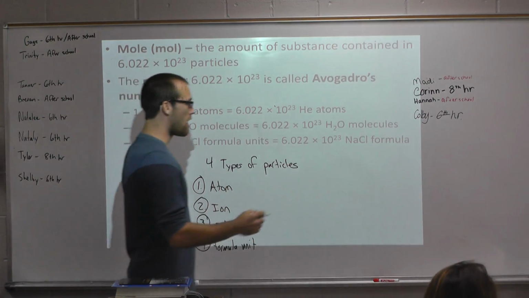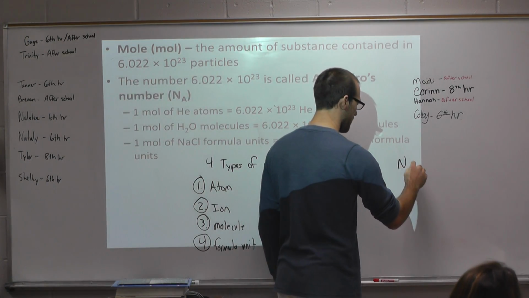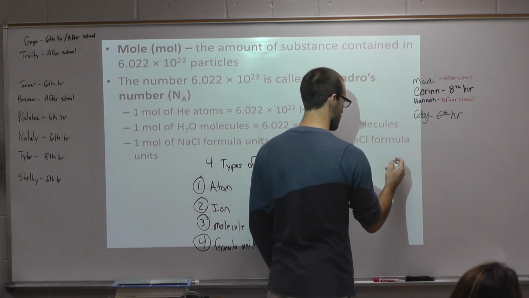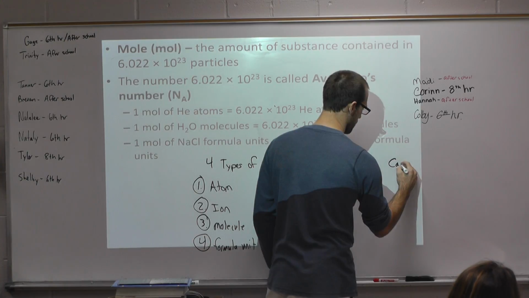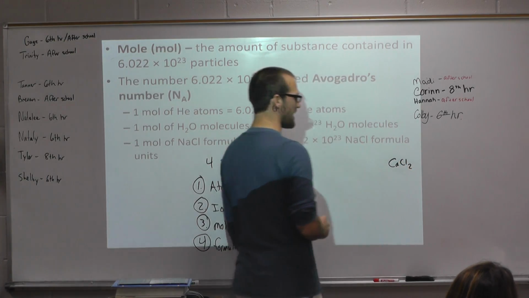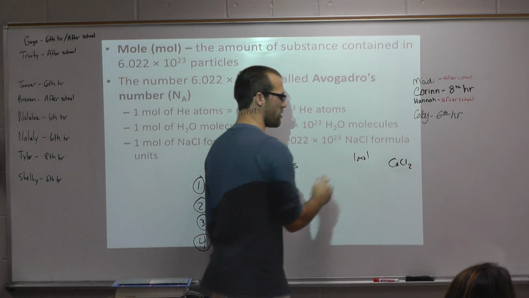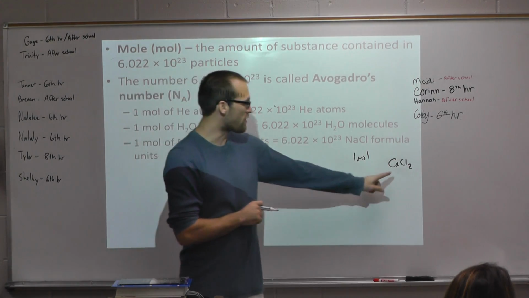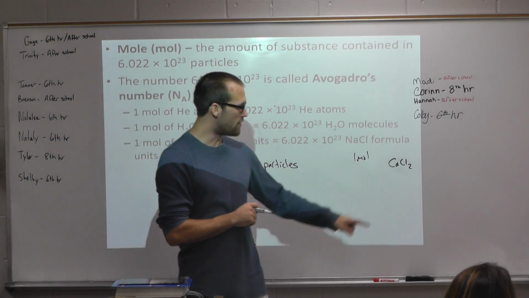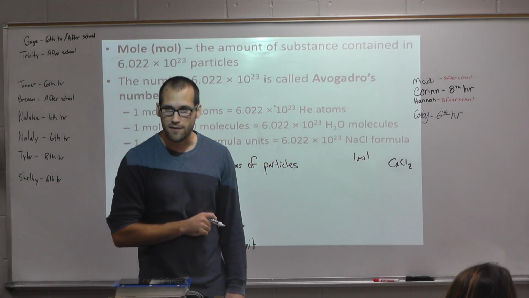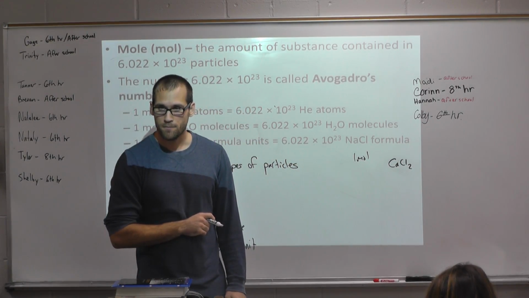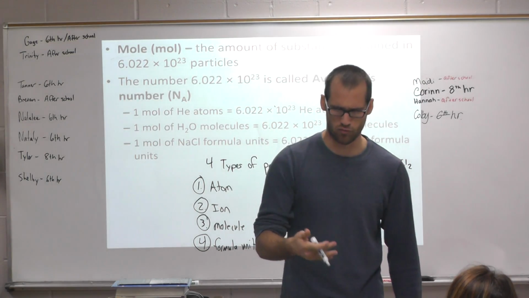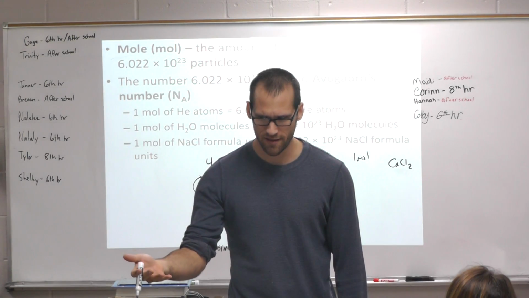Right? So, when I have something like this, let's say I have a mole of this whole formula unit. There's a mole of calcium in there, and there are 2 moles of chlorine in there. If I say I have a mole of sandwiches, wouldn't I have 2 moles of bread?